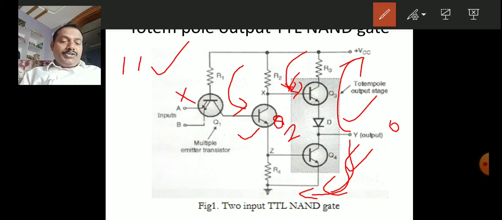This reduces the propagation delay time because of the active pull-up. Since the output impedance is uniformly low irrespective of the current output state, whether output is 0 or 1, the fan out capability of this gate is comparably very high. Those are the advantages you have to remember.